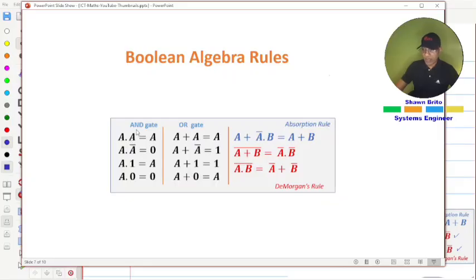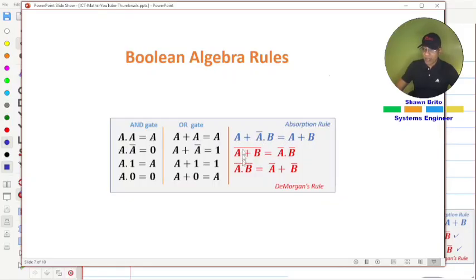So here in the AND gate, we have A and A is equal to A, and A and not A equals 0. We can use this in a truth table and validate these things accordingly. We are not going to validate these AND gate rules or the OR gate rules or even the absorption rules. These are called absorption rules.